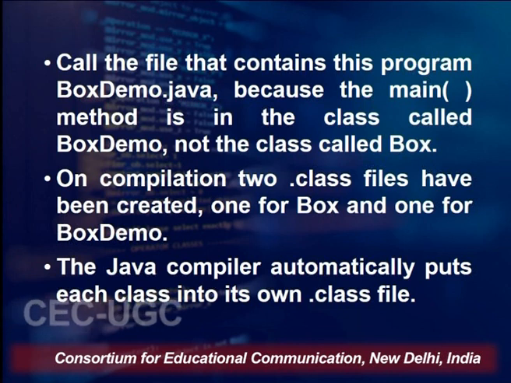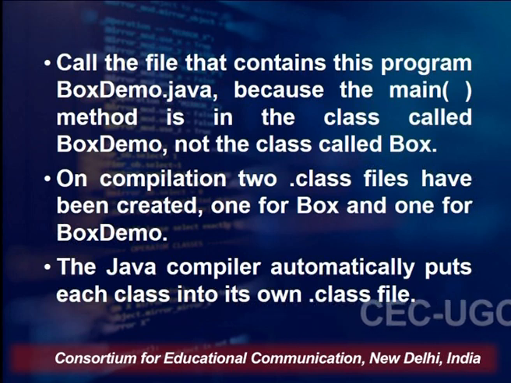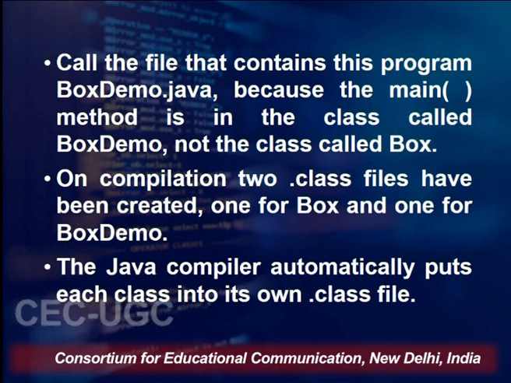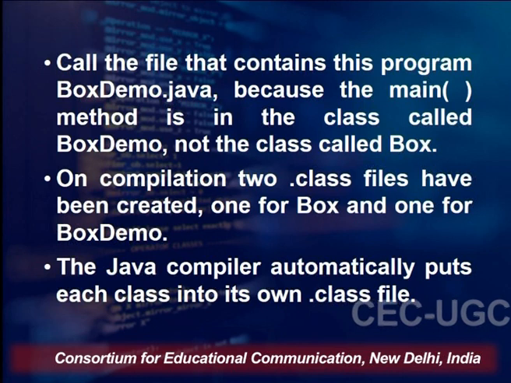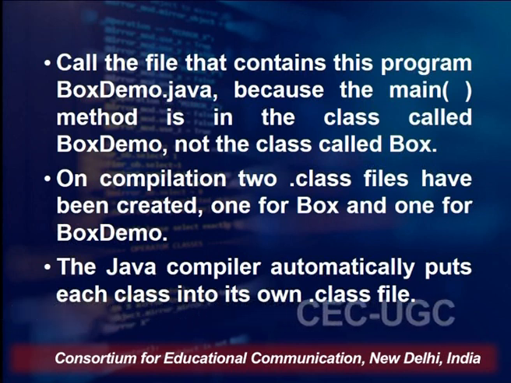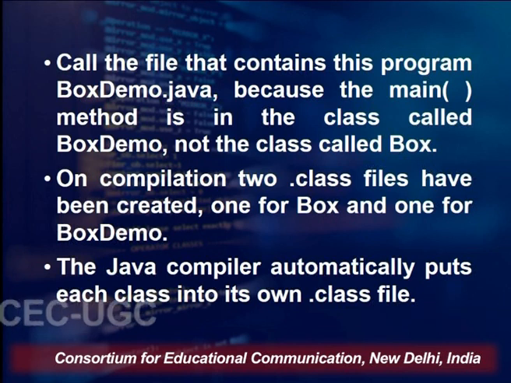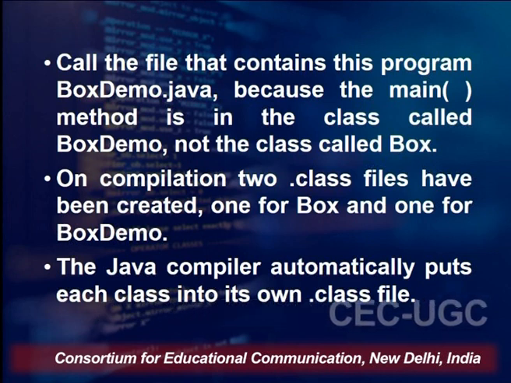On compilation of this .java file, two separate .class files will be created, one for Box and another one for BoxDemo. That essentially means that the Java compiler automatically puts each class into its own .class file, even if you are clubbing many classes into one Java file.